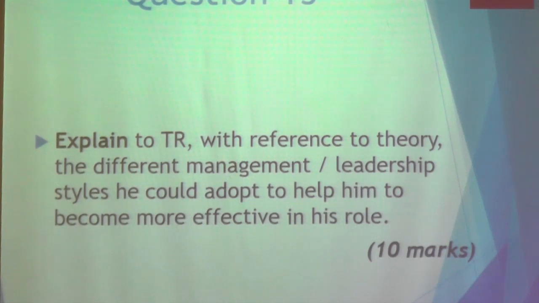So now you read the question, the requirement. Explain to TR, now you know who TR is, with reference to a theory, the different management leadership styles he could adopt. Well, the only thing that you can pluck from this small scenario is that they say he was not flexible, which is a small hint to show that this guy was using an autocratic style, like telling.